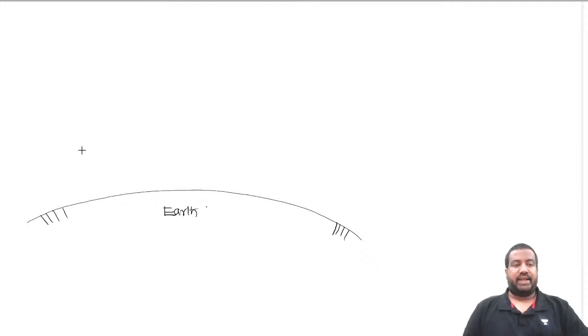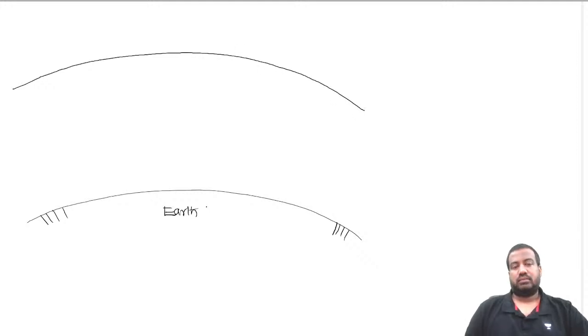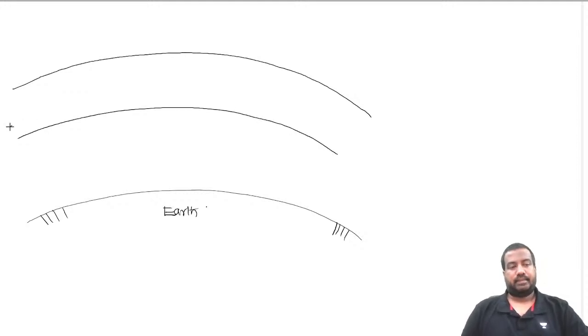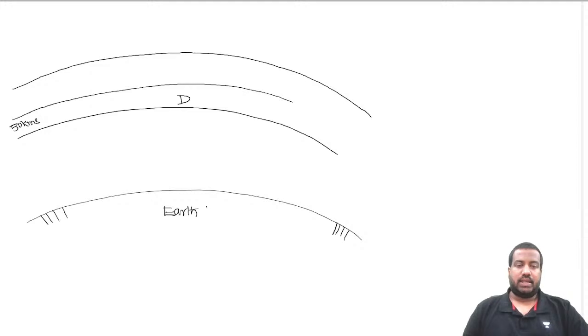This is the Earth surface. These are ionospheric layers. This is a D layer, in the D region between 50 to 90 kilometers.